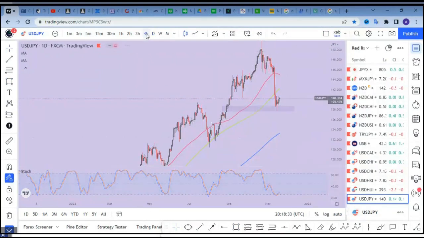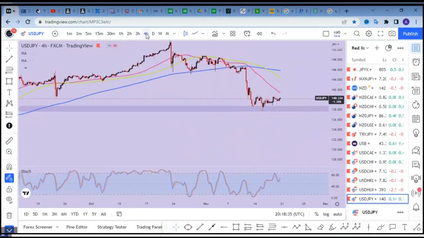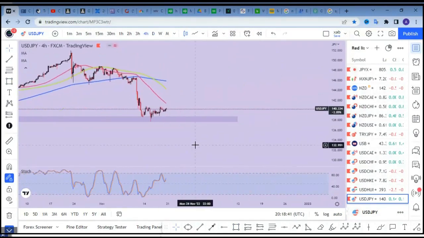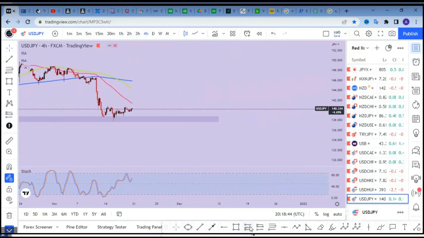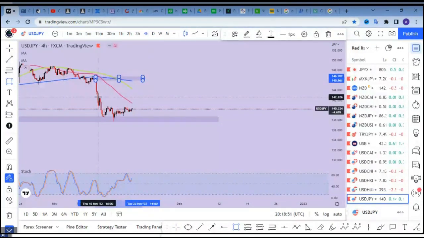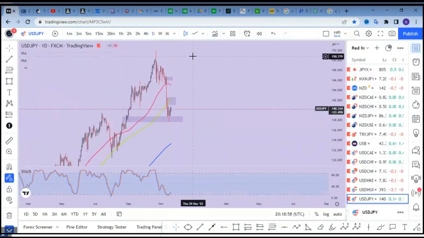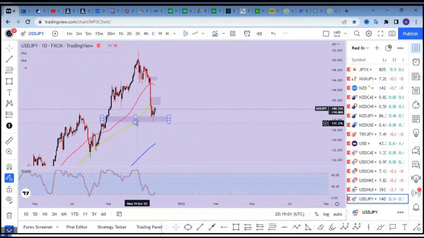So there's a huge possibility that since we're looking at temporary weakness on the dollar and then temporary strength from the yen, price taps into one of these zones and then begins to react.